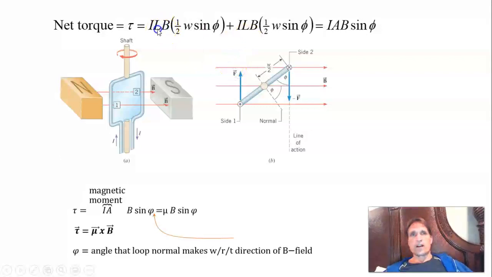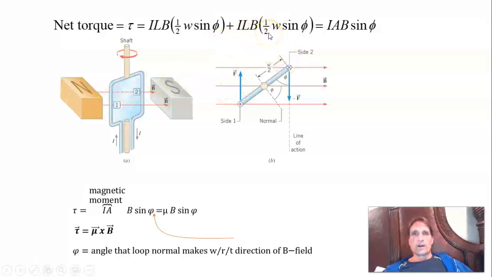So the force is ILB, and the moment arm, in this case, is 1/2 of the width times the sine of the angle between the magnetic field and the normal to the loop, which is the dipole moment.